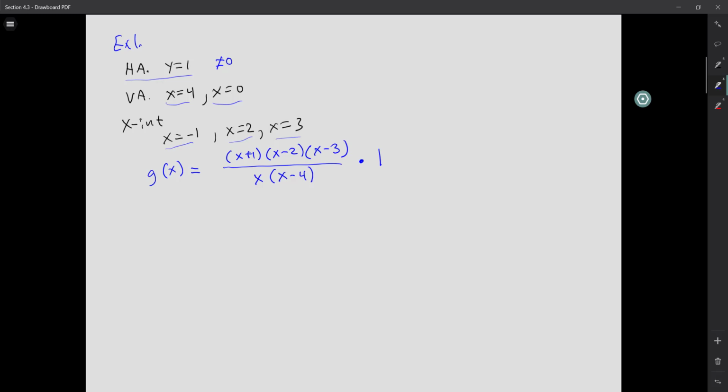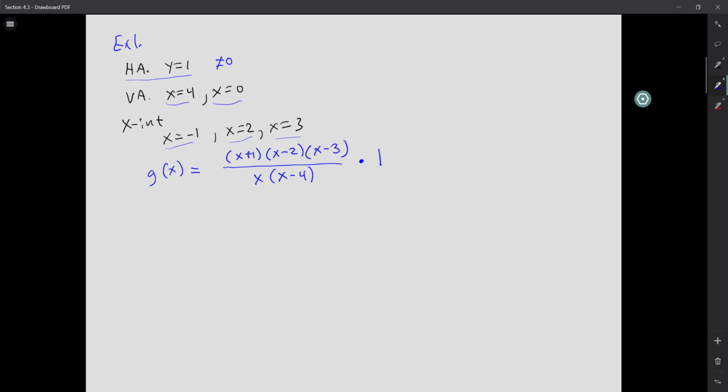Because if I had a horizontal asymptote of, say, 2, I would multiply by 2, and that would be because when I multiplied out all of the parts of my function, let's say I have a cubic on top, I might have 2x cubed on top, and then regular x cubed on the bottom.